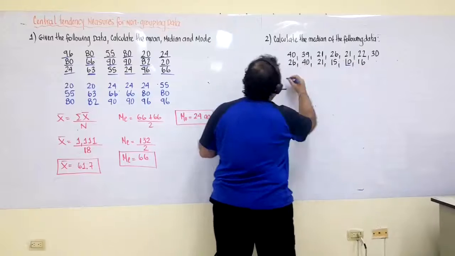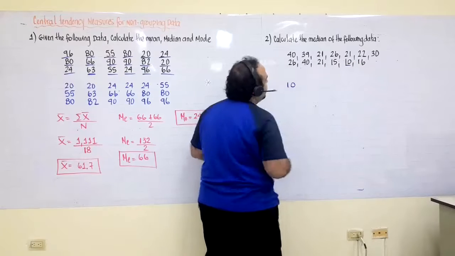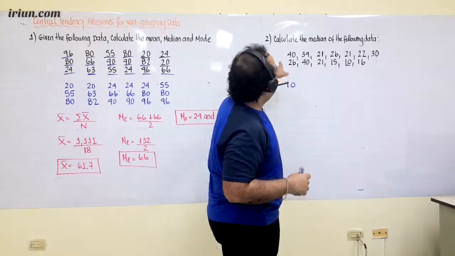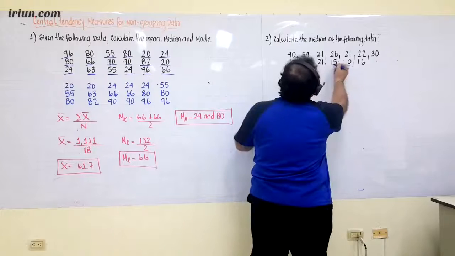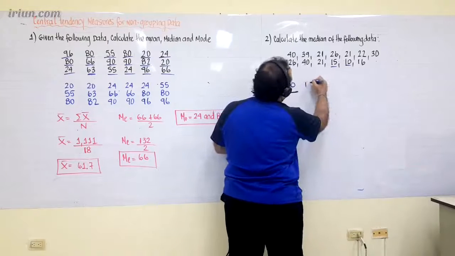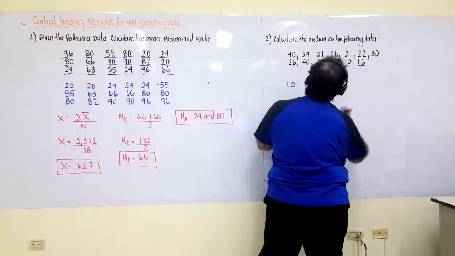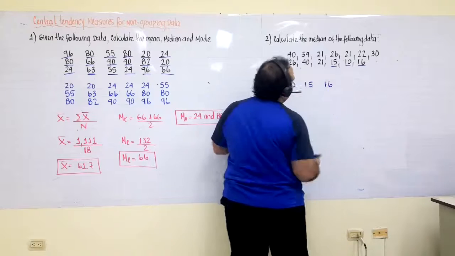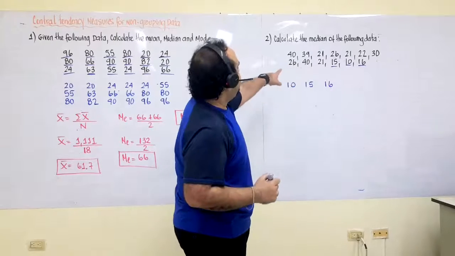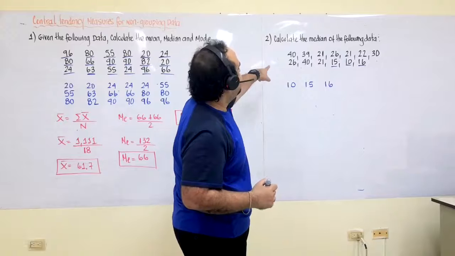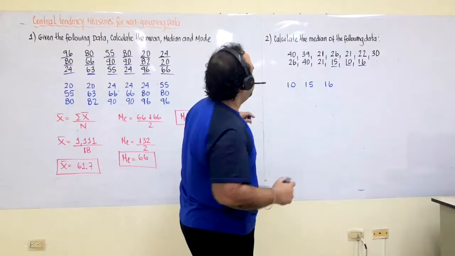After that, 15, right? 10, 15, 16. And after 16, what will be the next one? It will be 21.